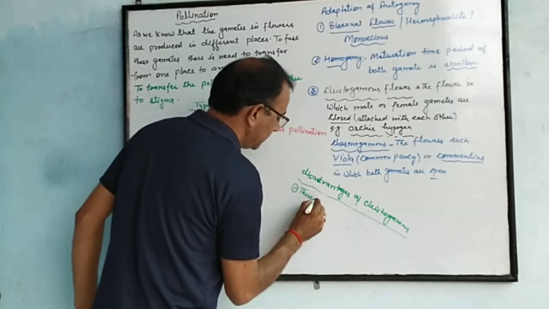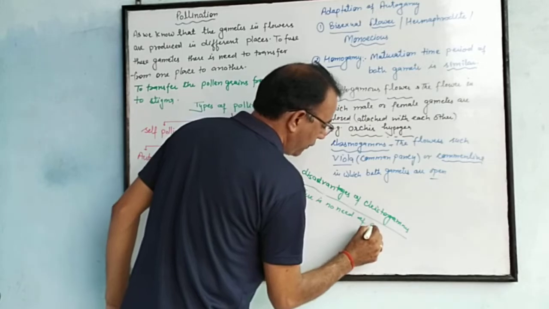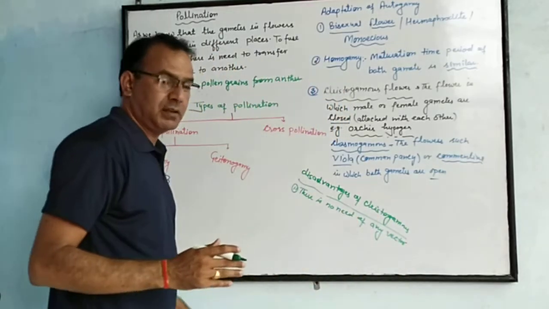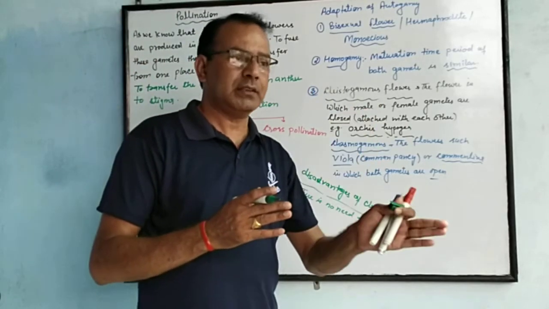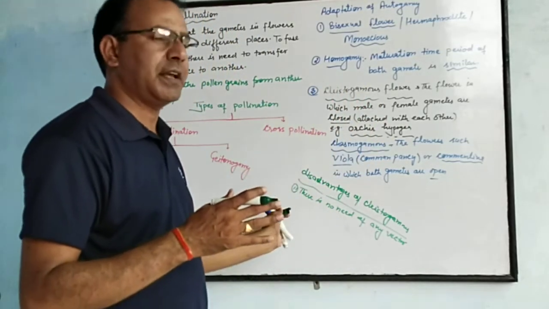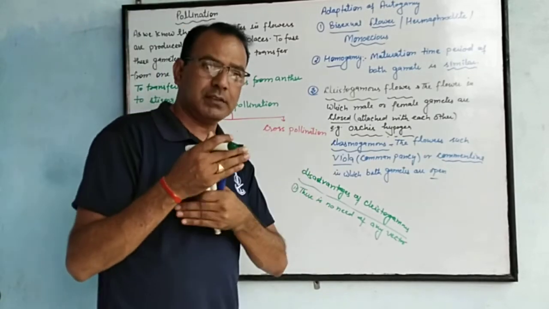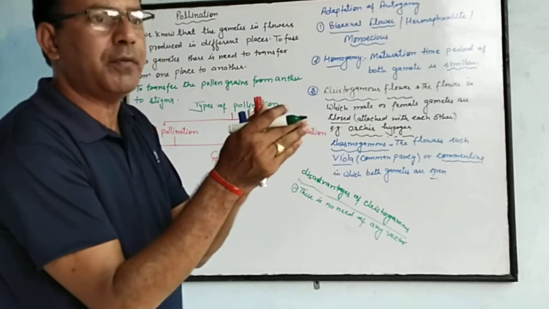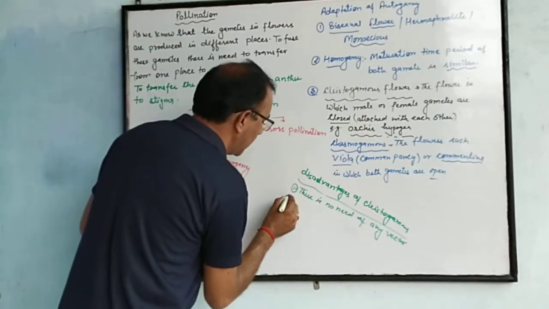Means the male gamete, we can say pollen grain, is not transferred from anther to stigma by any kind of vector, because the anthers of any flower, the male part, are attached with the stigma of the female part, so there is no need of any vector.